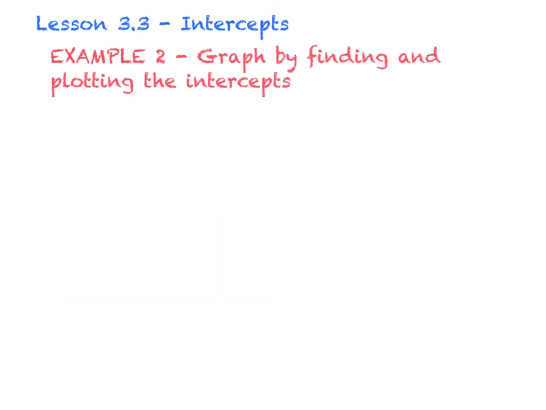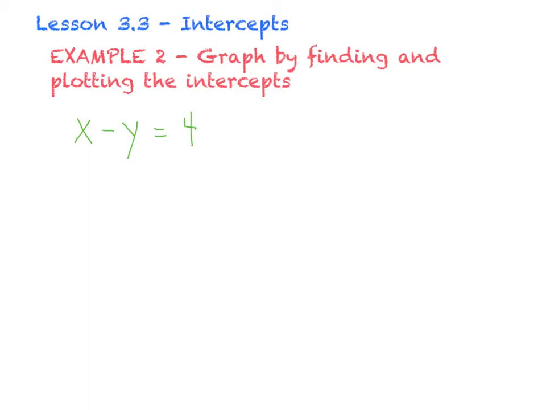In example 2, we're going to learn a quick way to graph lines by finding the intercepts. So in this example 2, which corresponds to homework problem number 5, we're going to graph the line x minus y equals 4.